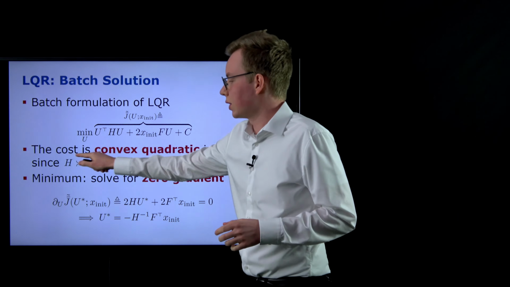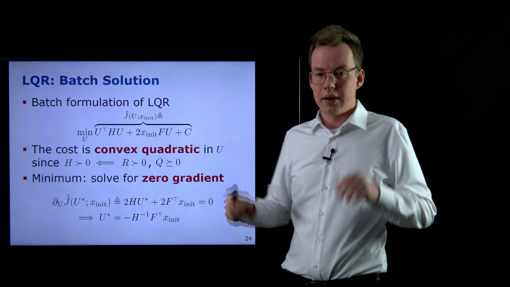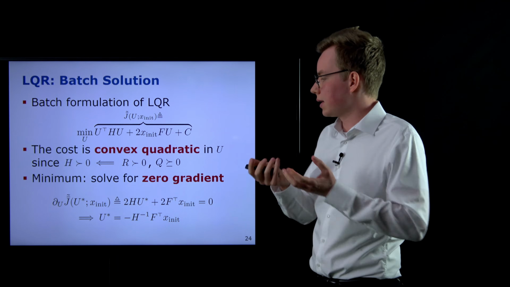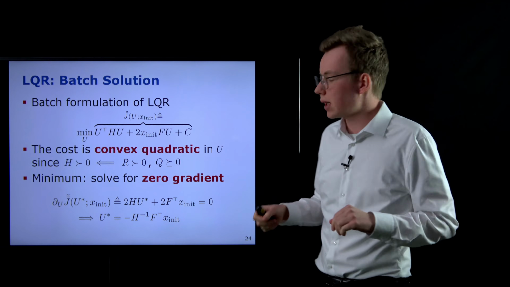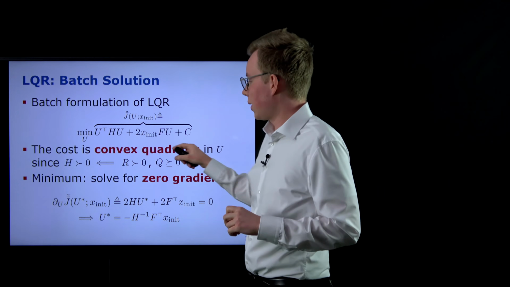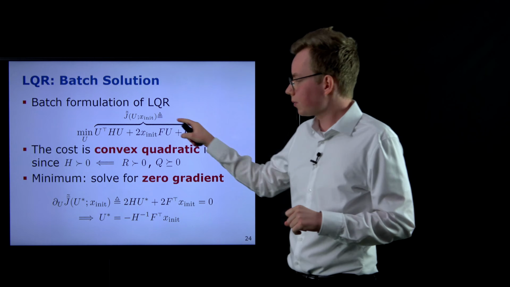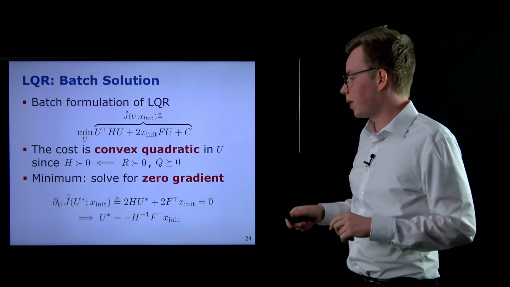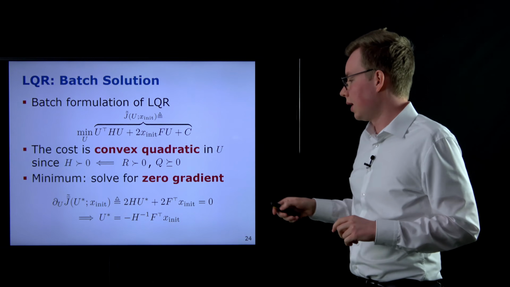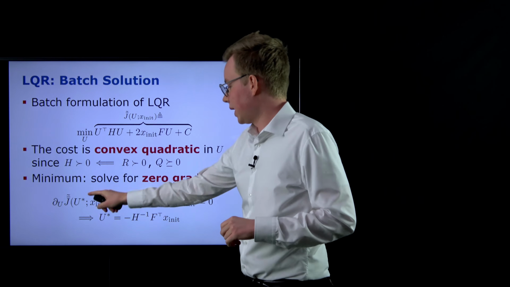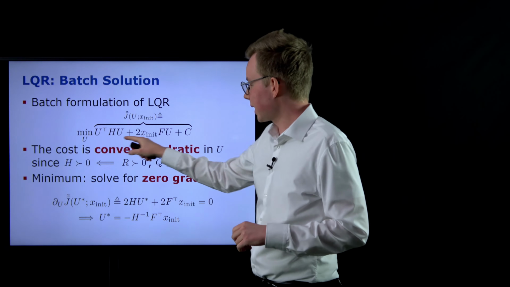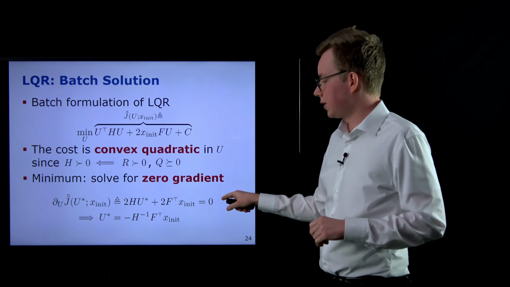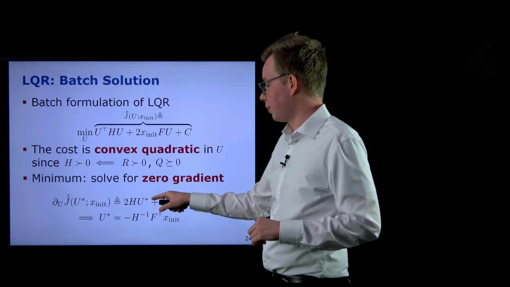So this will always be convex, meaning the cost landscape is curved upwards. That allows us to solve for the global minimum of this expression simply by setting the gradient to 0, and then solving for the input.